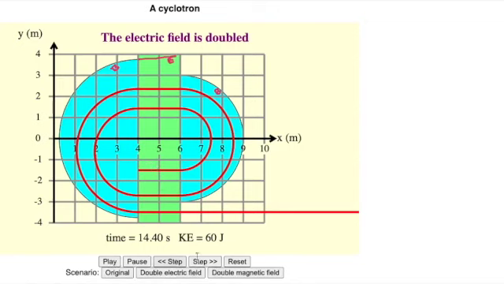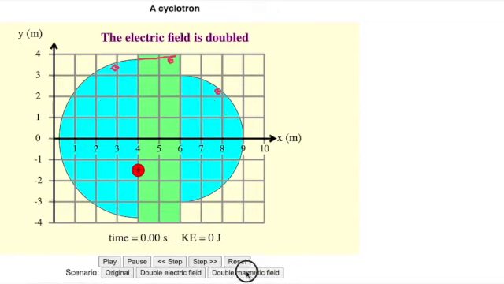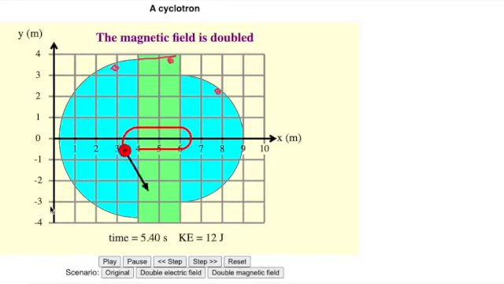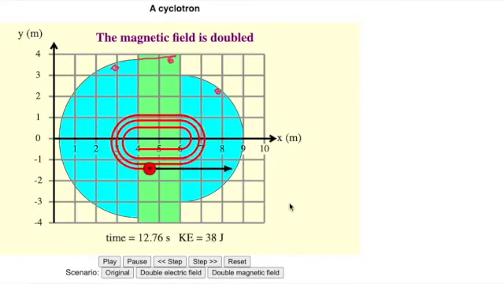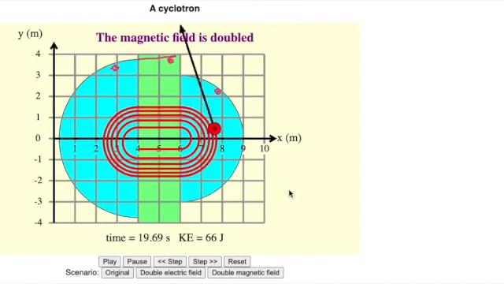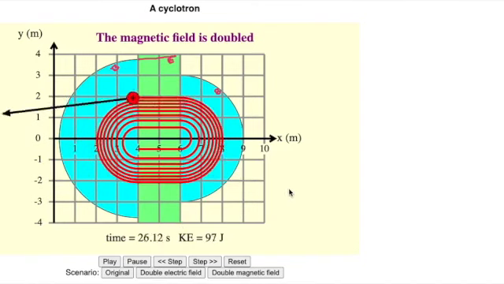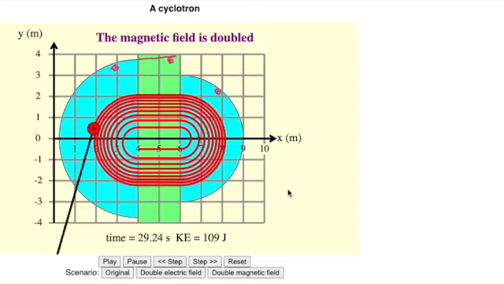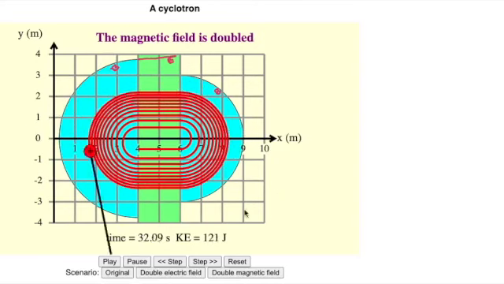Now for example, if I double the magnetic field, then what will happen? Please observe, when you double the magnetic field, the paths are more curved in nature, and the particle takes more time to exit from the exit point.